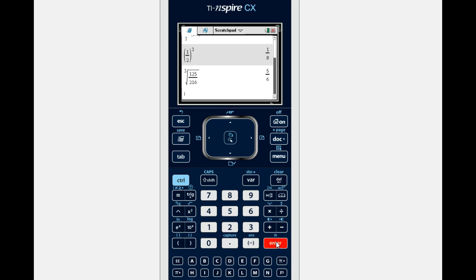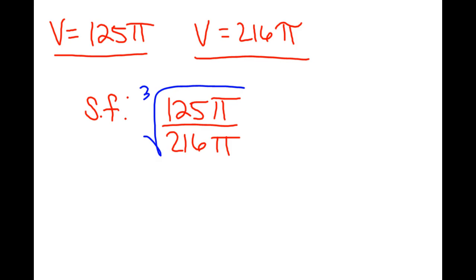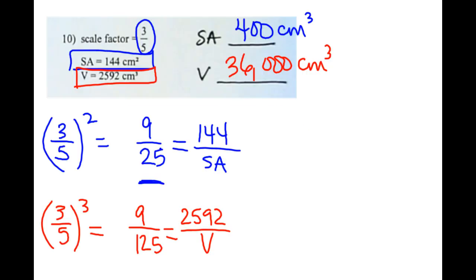Click enter, and it's going to give me that ratio, 125 over 216, the cube root of it fully simplified. Gives me 5/6. That is my scale factor. Now if I then needed to find a missing surface area, I would do exactly what I did back here when I took my scale factor and squared it and used it in a proportion.